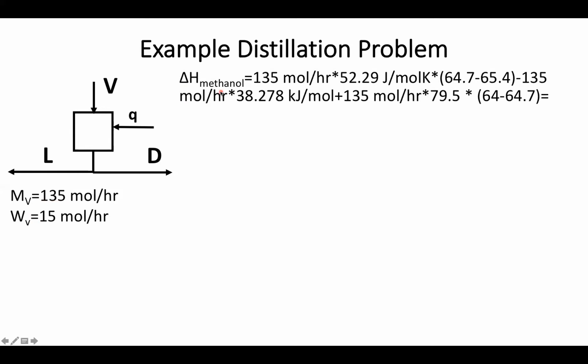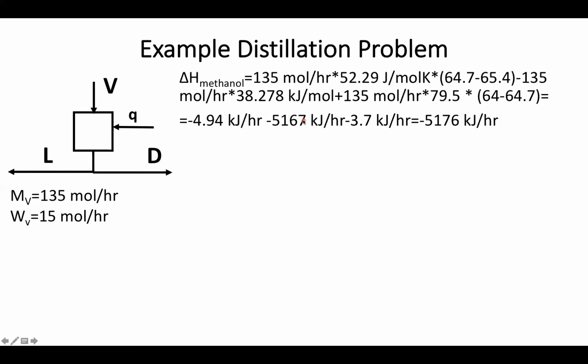The change in enthalpy of the methanol is how much it takes to cool down my methanol to the boiling point, plus how much it takes to condense the methanol, plus how much it takes to cool the methanol down to the final temperature of 64.